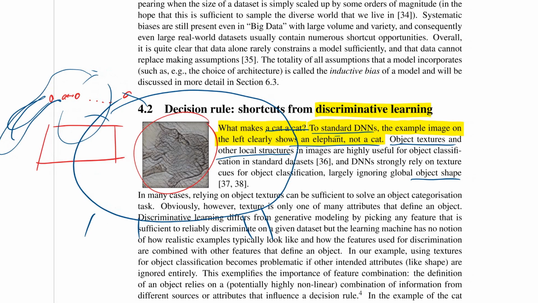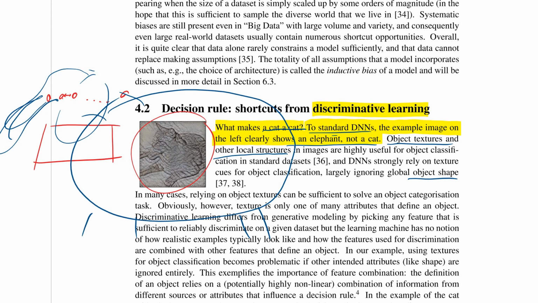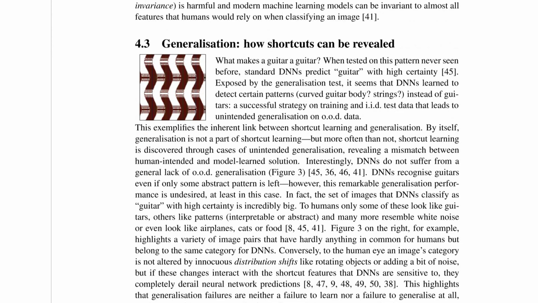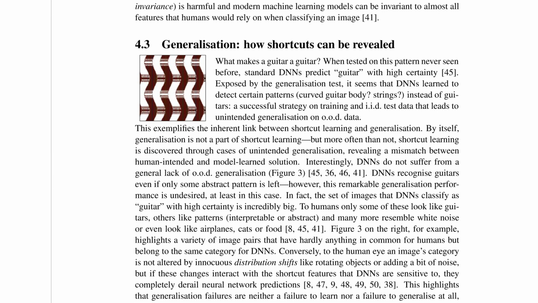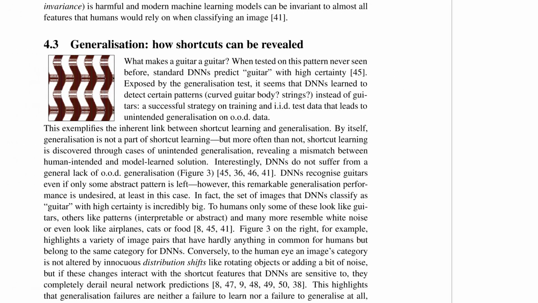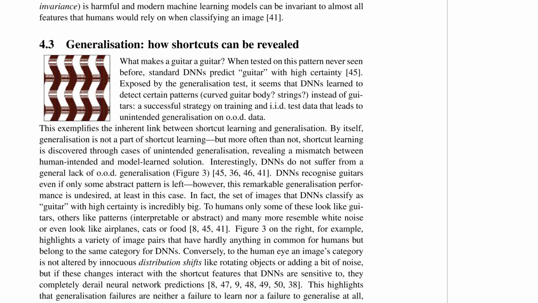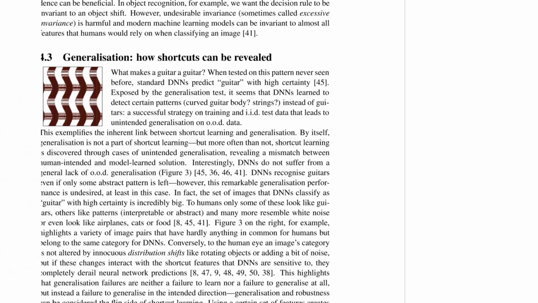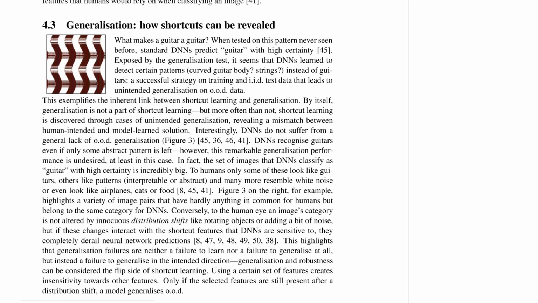If you want them to be object classifiers, make up a data set that actually has different objects, but you can't specify that. So yeah, and then they go into some sort of adversarial examples, and I also find this to be maybe not belonging here, where they say, oh, look, here the DNNs predict guitar with high certainty.